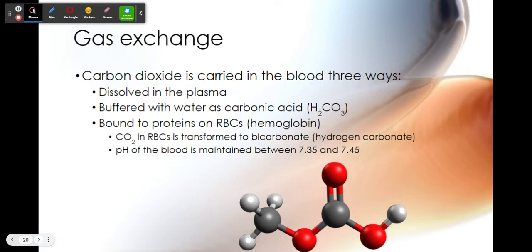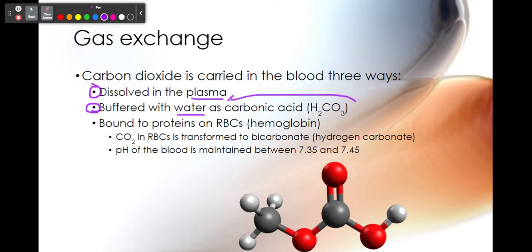So how do we get that CO2 away from the body and to the lungs so that we can exhale it? There are a couple different ways that we can carry the CO2 around the body. One, that CO2 can just be dissolved in the plasma. The plasma is the water version of the blood. We can also combine the CO2 with water. So CO2 plus water makes carbonic acid.